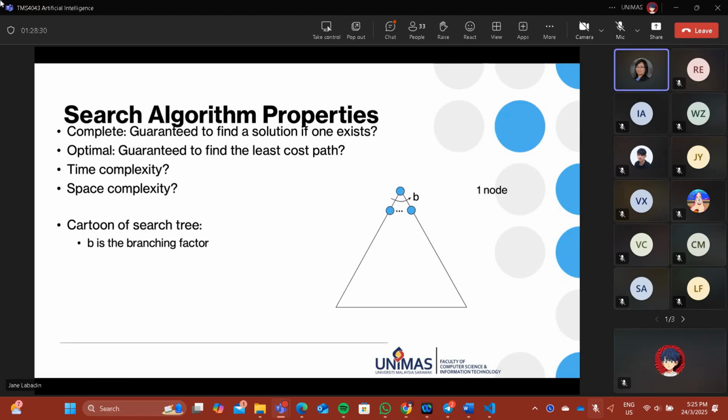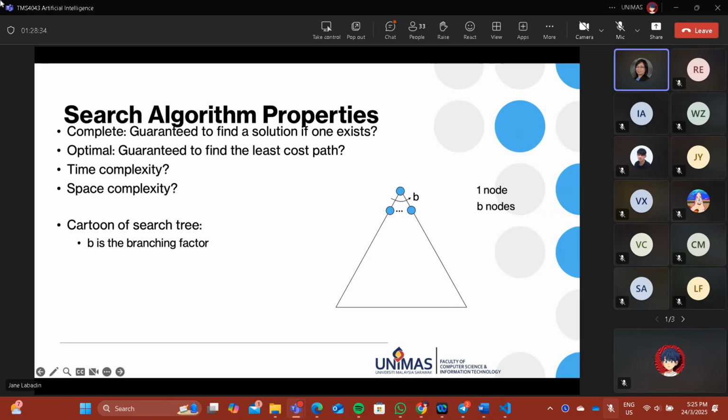Your branching depends on how many nodes come after that in the fringe.